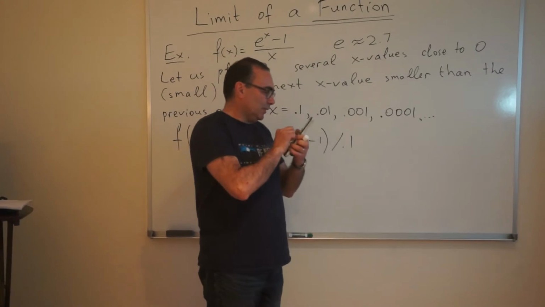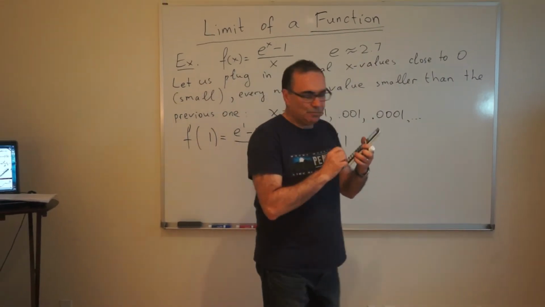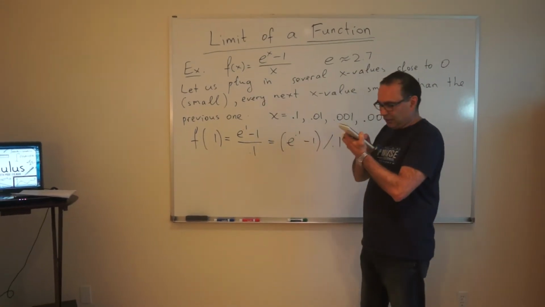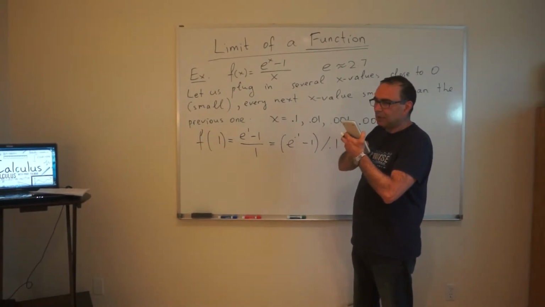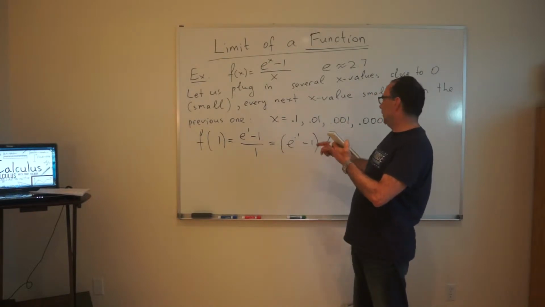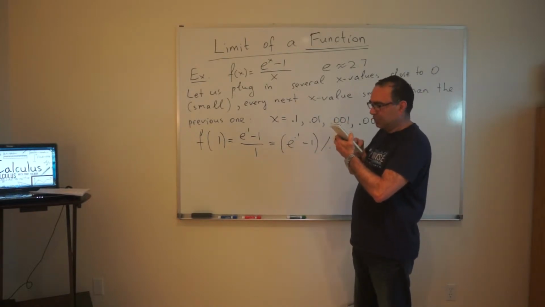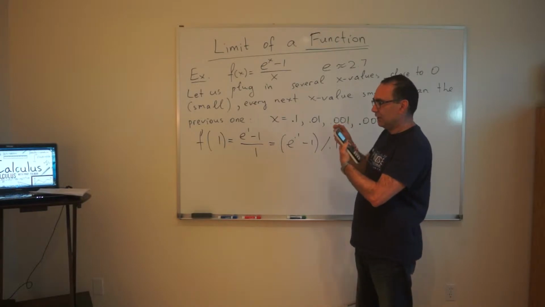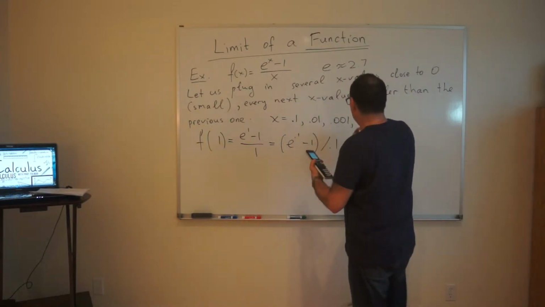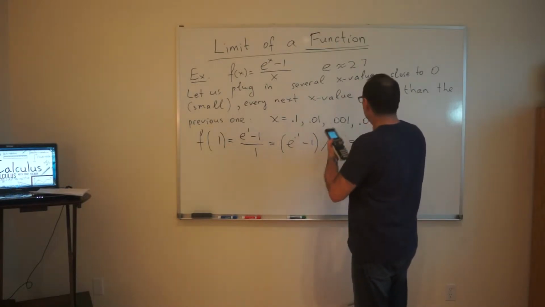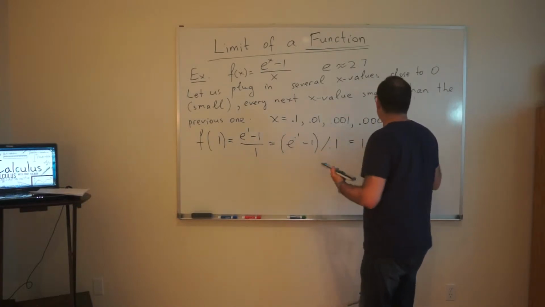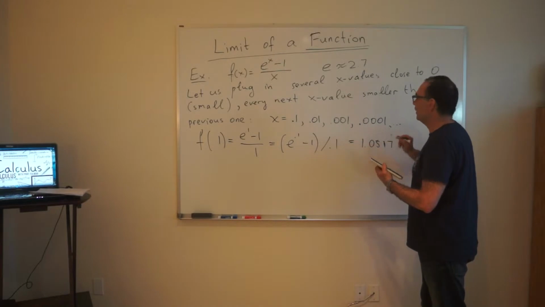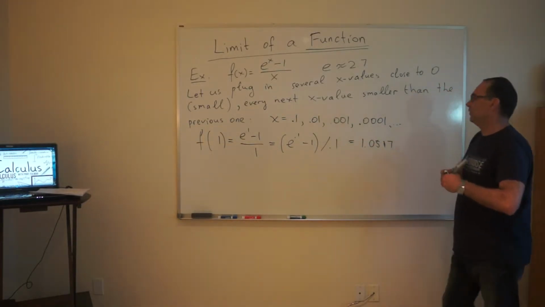So I will do this. Open parentheses, e to the power 0.1 minus 1, close parentheses, divided by 0.1, equals, and here I got the value, which is 1.0517 approximately. In fact, it has infinitely many digits. So that's the first function value that I got.